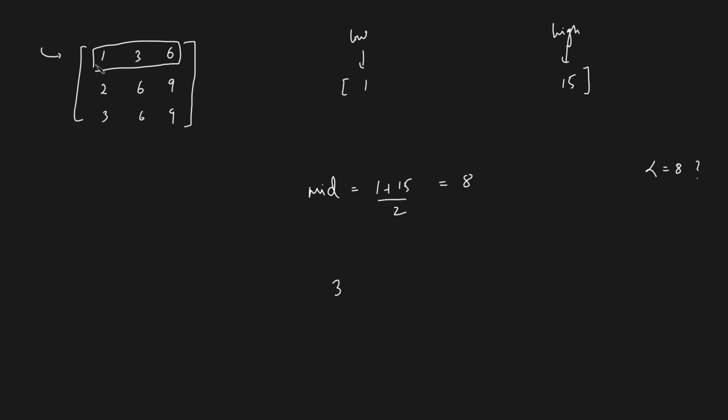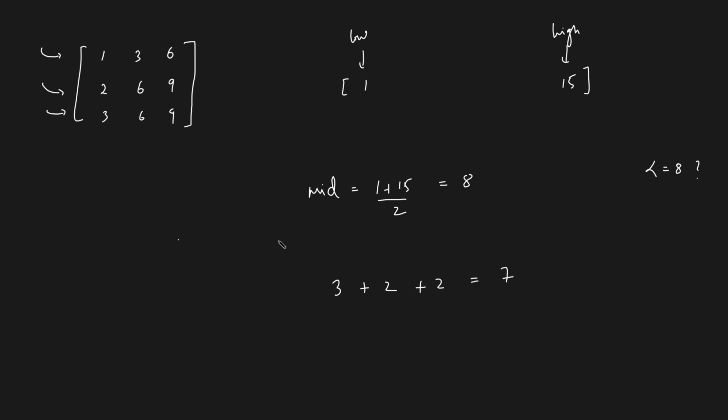So in the first row there are 3. In the next row I see that there are actually 2 numbers. In the third row there are again 2 numbers. So what I can say is there are 7 numbers that are lesser than equal to 8.